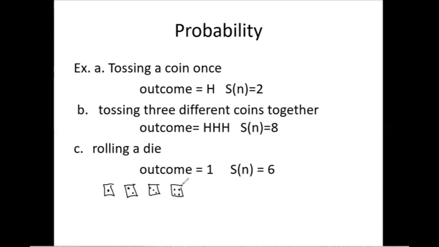So, ito yung mga outcome. Then, pag kinuha natin yung total space ng faces ng isang die ay meron tayong 6 spaces. Okay?